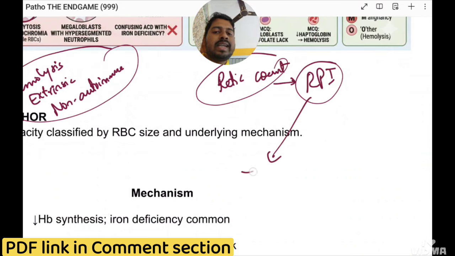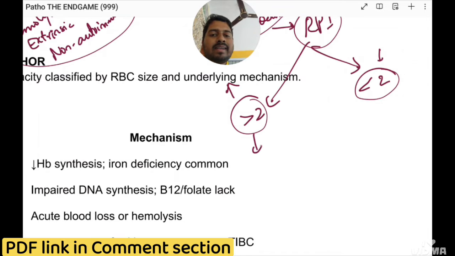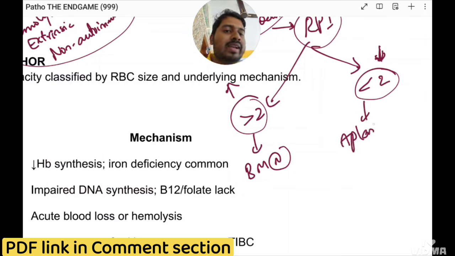If the retic count is high, more than 2, that means some breakdown is happening, and the bone marrow is trying to produce more reticulocytes to compensate for increased destruction of RBCs. So the bone marrow is normal. If reticulocyte production is less, even though there is anemia, the bone marrow is not trying to produce increased RBCs. Maybe the bone marrow itself is the problem. So this occurs in aplastic anemia.